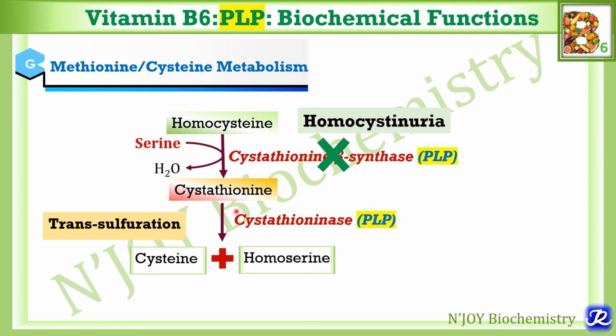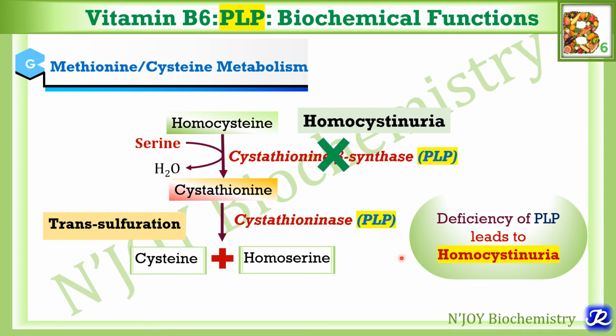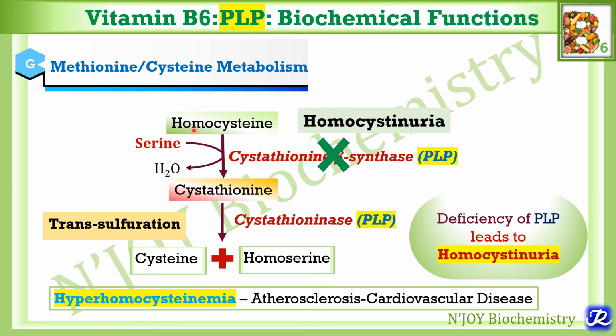As well, if cystathionase is deficient due to the deficiency of pyridoxal phosphate, then the cystathionine levels can also increase, which will lead to cystathionuria.